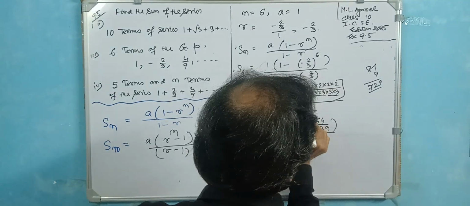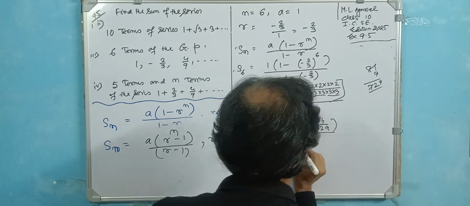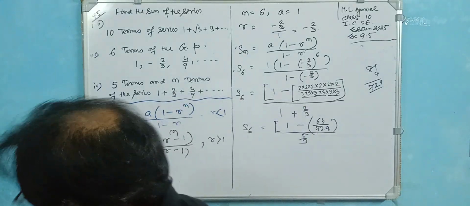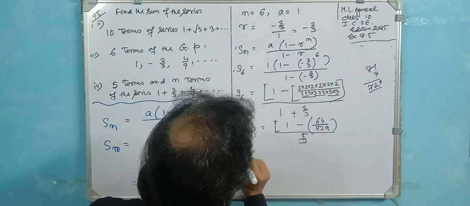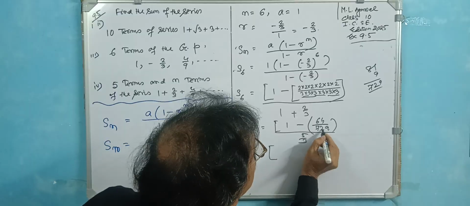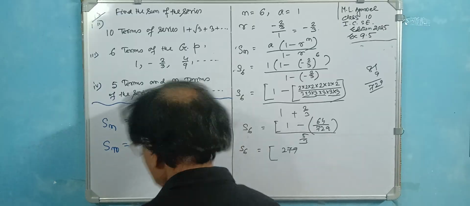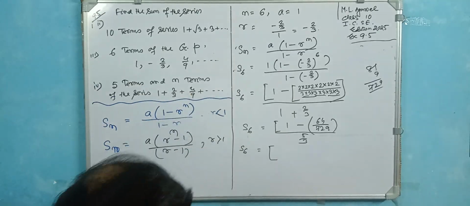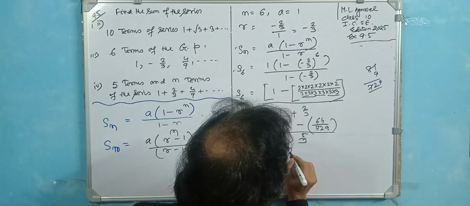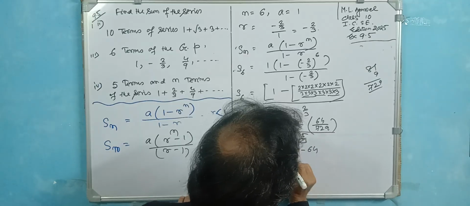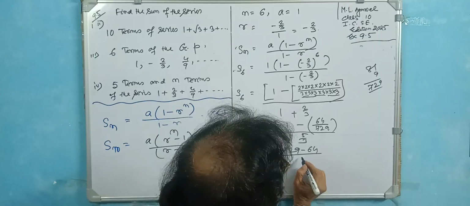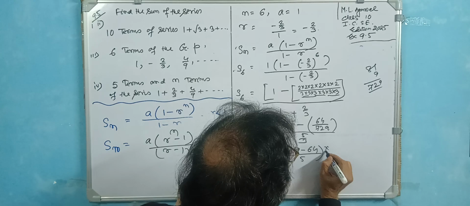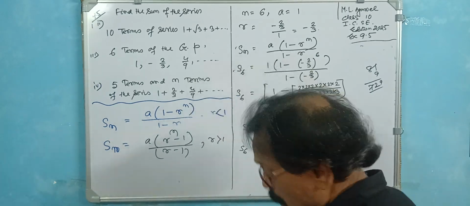And this is 3 plus 2, 5 by 3. This is 5 by 3, is clear. So now the calculation is 6, here is the calculation, this is 729, sorry, 729. Here is 729 minus 64 by this 5 by 3, actually that means 3 5 and out is 3, no problem.